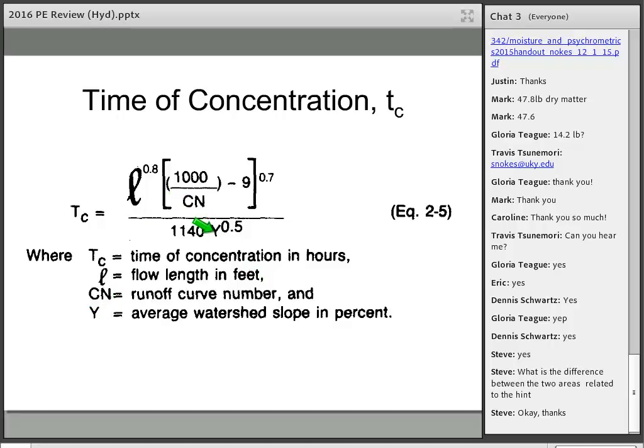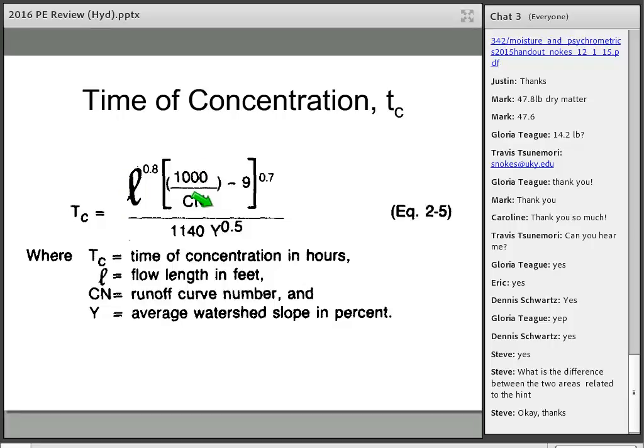When you've got an equation, you've got to make sure everything's in the right units. Okay? If you put watershed slope in feet per feet, like you would tend to do in Manning's equation that we'll see later on, you get garbage as the answer. If you put flow length in meters or miles, it's going to mess things up. Or if you assume the time of concentration is in minutes instead of hours, etc. You can tell it's a regression equation because you've got units here, feet to the 0.8.